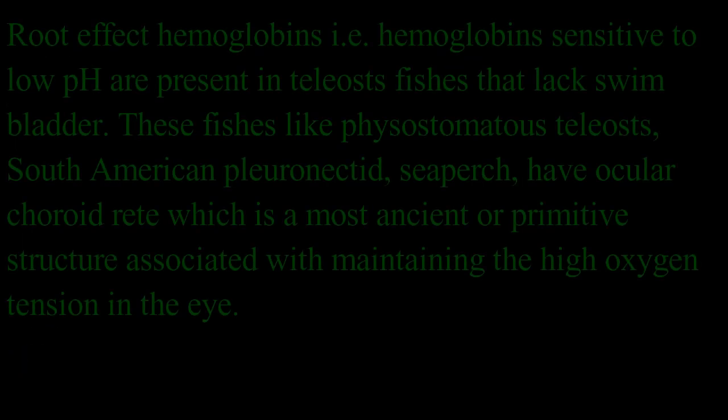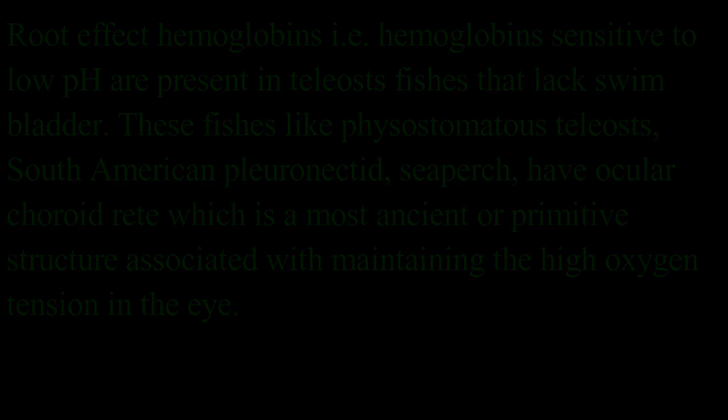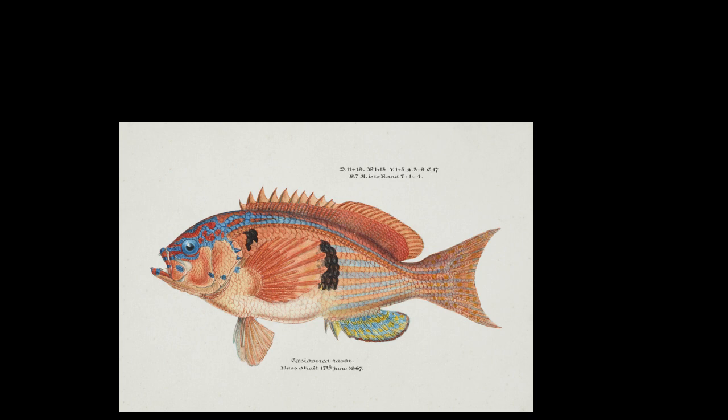Root effect hemoglobins, that is hemoglobins sensitive to low pH, are present in teleost fishes that lack a swim bladder. These fishes, like Hysostomatus fish teleost and South American pleuronectid sea perch, have an ocular choroid rete, which is a most ancient or primitive structure associated with maintaining the high oxygen tension in the eye.